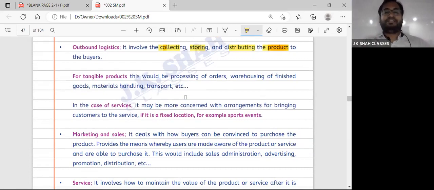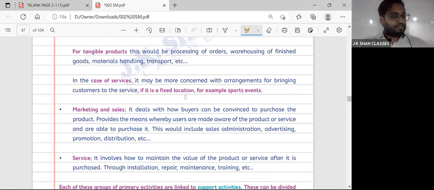Marketing and sales. Making the customers aware. Here examples are administration, advertising, promotion, distribution. Service. How we will maintain the value of the product. Installation, repair, training.